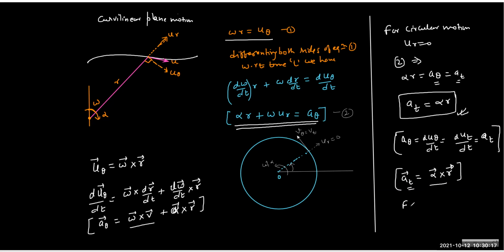So for plane motion, every angular quantity will be at right angle to this R. Alpha is definitely, and that's why the angle is 90. So if you take the modulus, it will become alpha R sine 90, which is 1. So alpha R. Understood? Yes, sir.